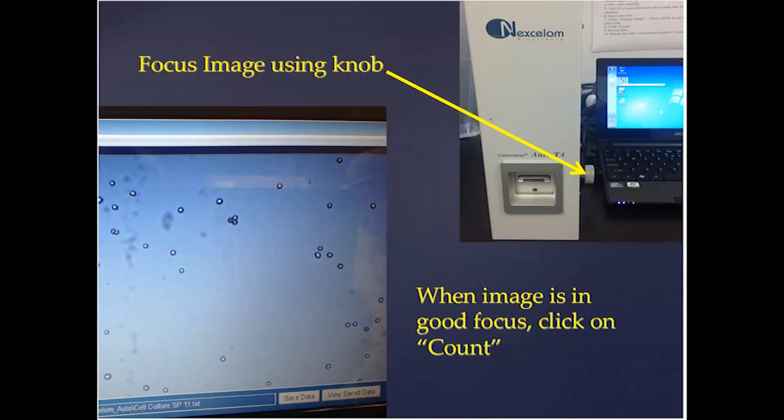They almost have a little bit of a yellowish cytoplasm, and they have a nice clear circle around them, a ring around them, and that's what we use as a guideline to see when the cells are in good focus. This has to be done, of course, manually, and this has to be done for every slide that you insert when you get ready to do cell counts.